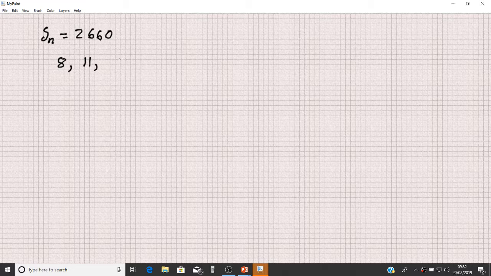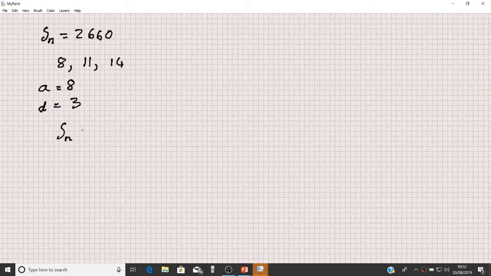As in all APs, let's start by writing the value of A. A is 8, and then the value of D. So 11 minus 8 is 3, and that does equal 14 minus 11. And we're told SN equals 2,660, find N.